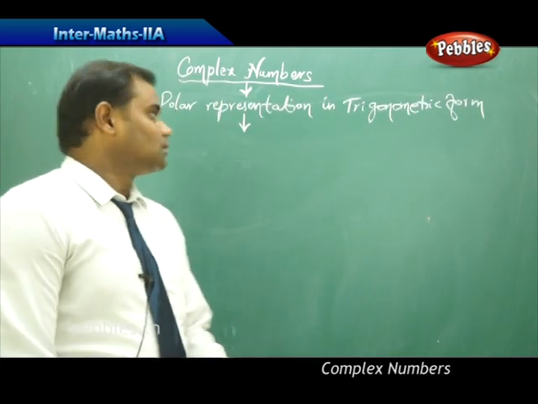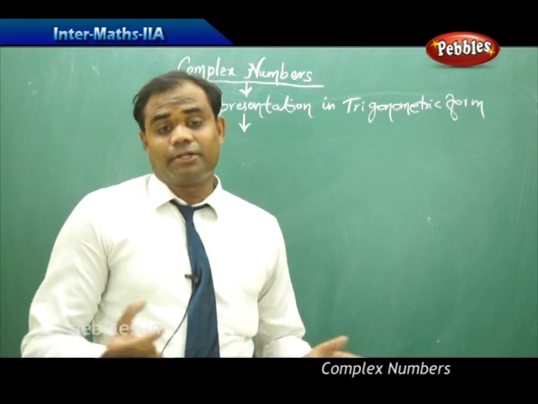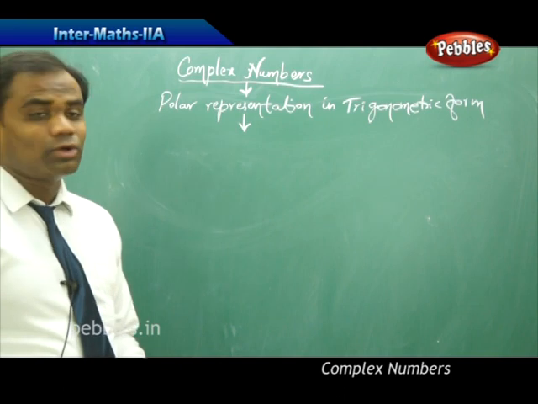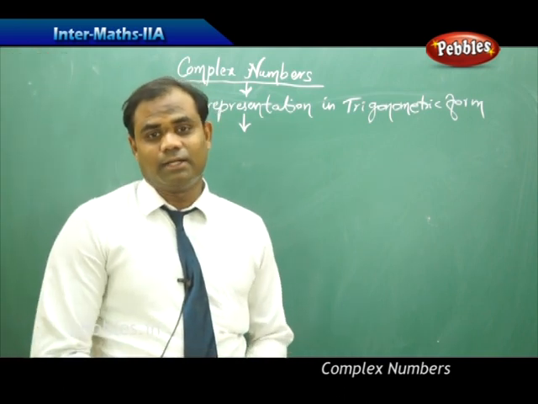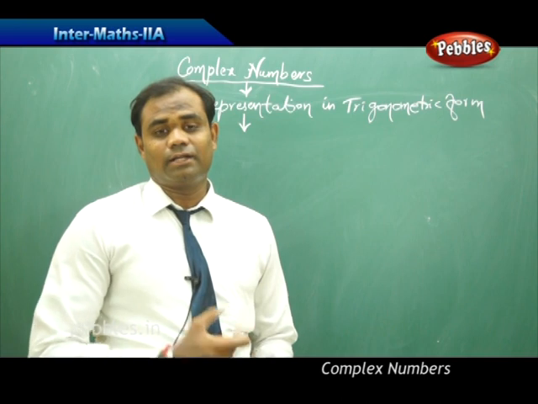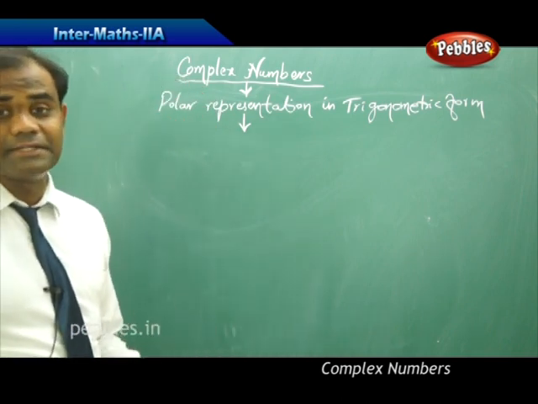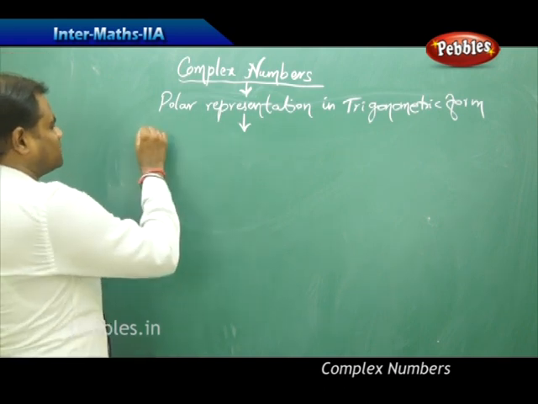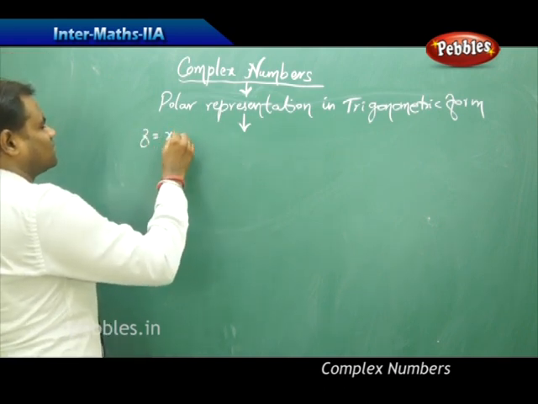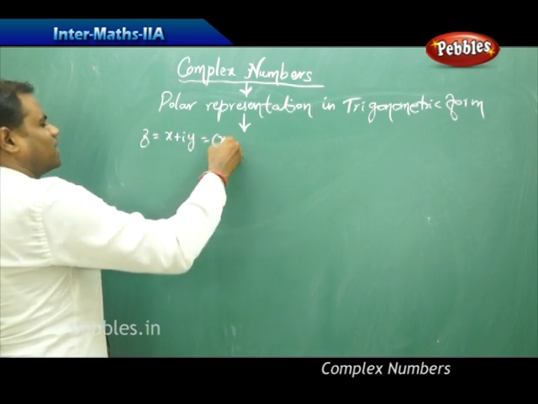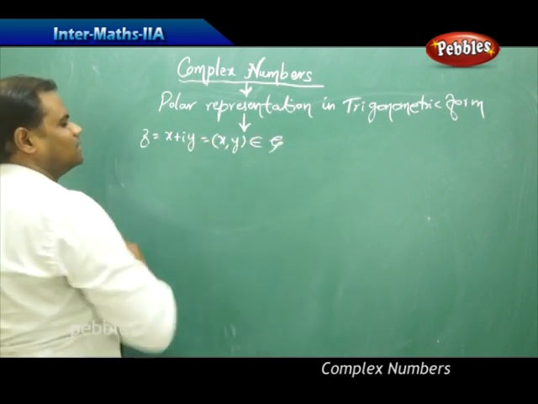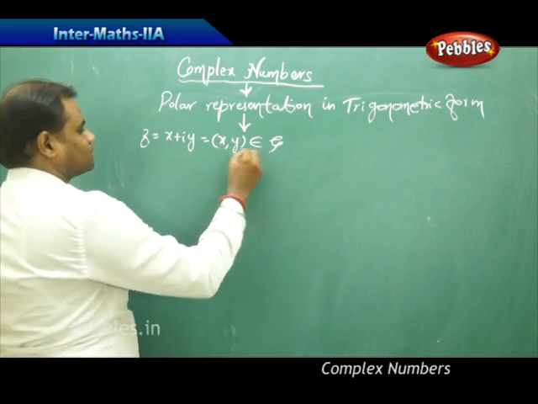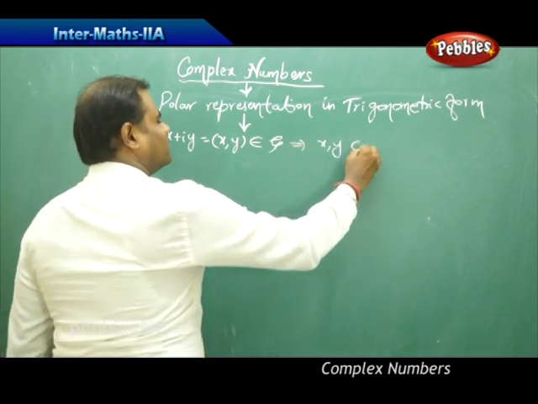Now let's see how the polar coordinates can be represented in trigonometric form. They are connected with angles through trigonometric ratios sin theta and cos theta. So let's see how sin theta and cos theta are connected with r and theta, that is, the polar coordinates. Now if z is x plus iy, that is a complex number, x and y are real numbers.